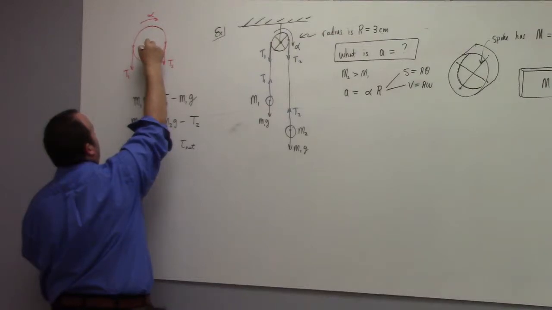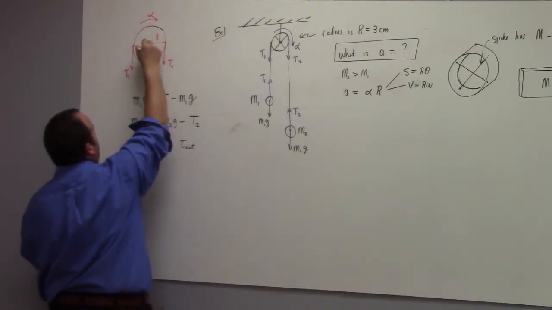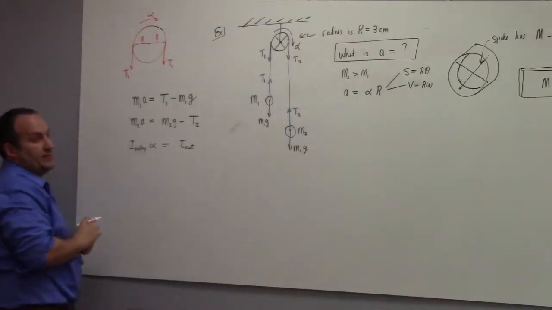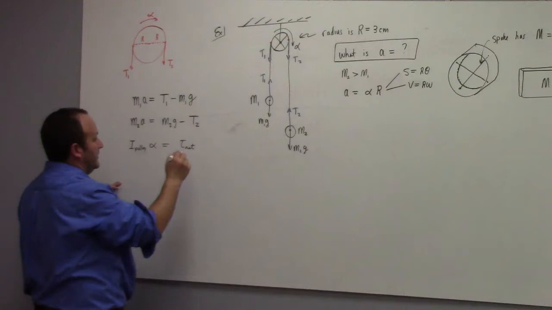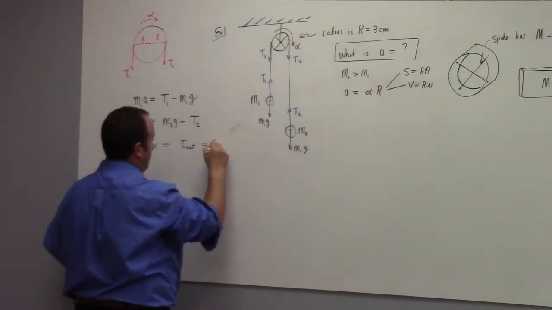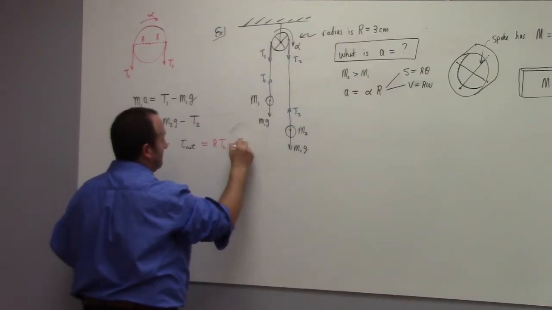And those are being applied where? A distance r away from the pivot point. So what's the net torque? The net torque is RT2 minus RT1.